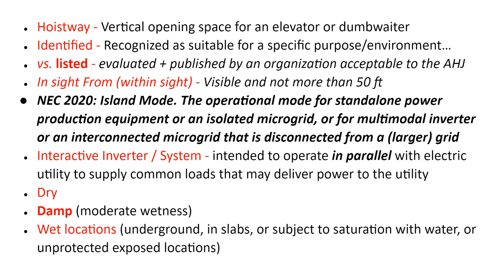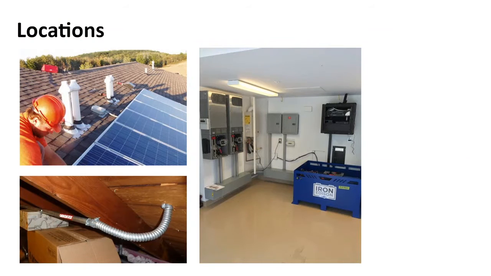In slabs means actually within the slab itself, not in a basement. So attics are dry locations, rooftops are wet locations, basements are dry locations, but not all basements are dry locations. Some basements might be damp locations, depending on whether the water's coming in from the wall.